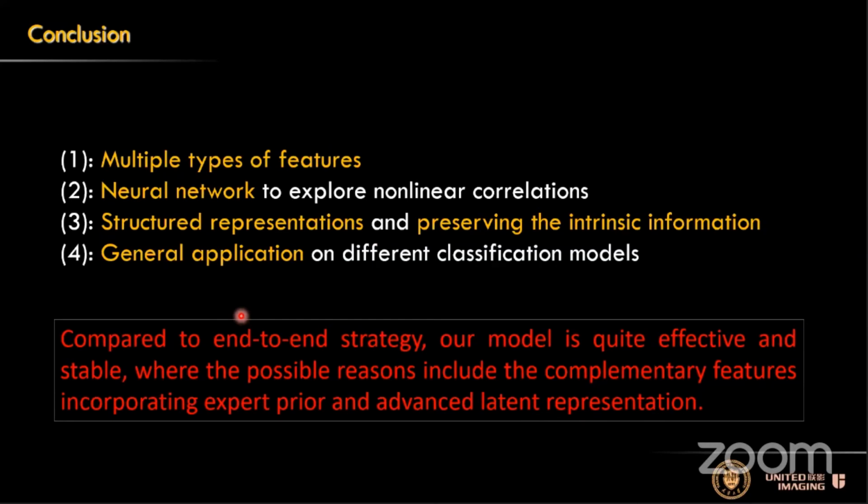Our model is not an end-to-end model, but it is quite effective and stable. The possible reasons include the complementary features, which incorporate expert prior, and another reason is the advanced latent representation produced from our model. Okay, thanks.